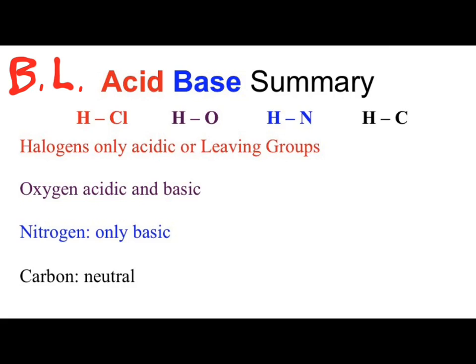If we add a hydrogen to our halogens, that can only act as an acid. So if we compare our reactivity, our halogens only act as acids or leaving groups. We could potentially see them act as leaving groups if they aren't attached to a hydrogen. What happens with the oxygens?